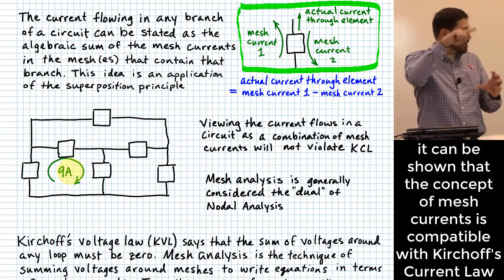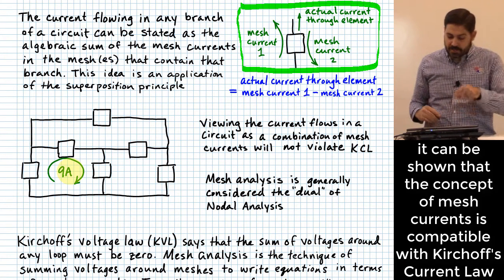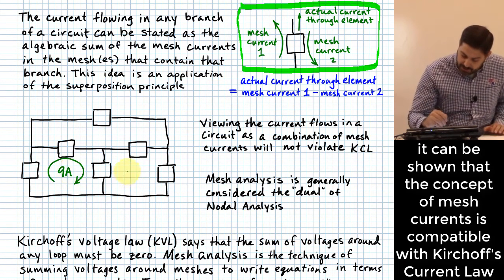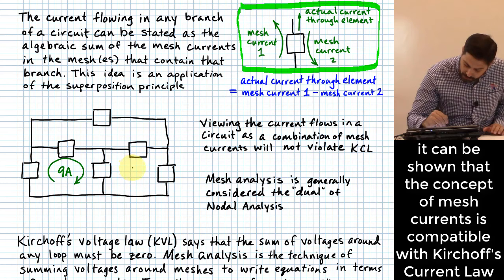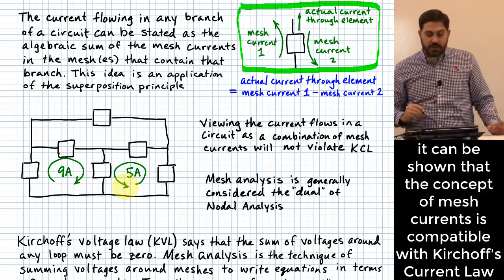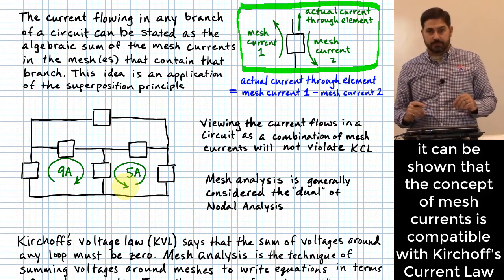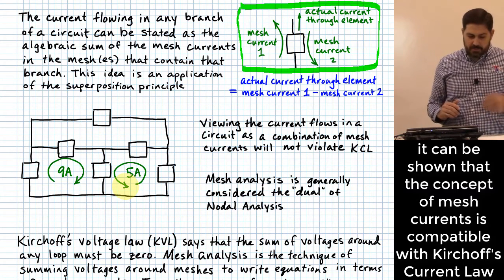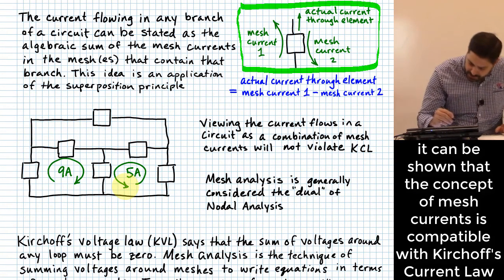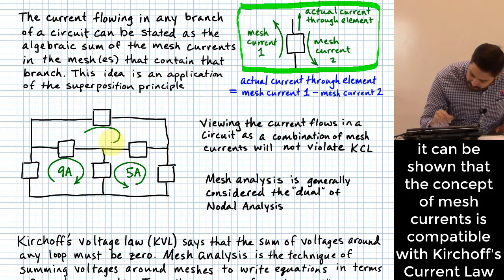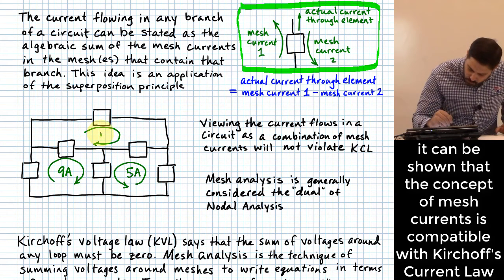In other words, I did that one clockwise, I can pretend another one here is counterclockwise. Again, I'm making up another value here. It doesn't matter what value I make up, what I'm about to show you will hold. And then let me make up a third value. Let's say around this mesh up here is 1 amp.